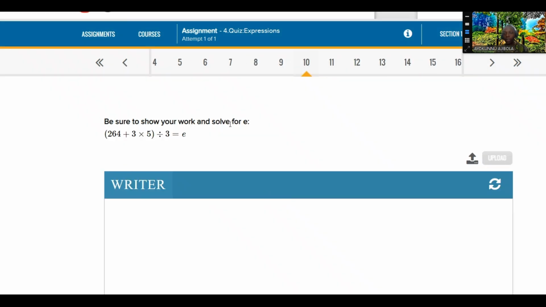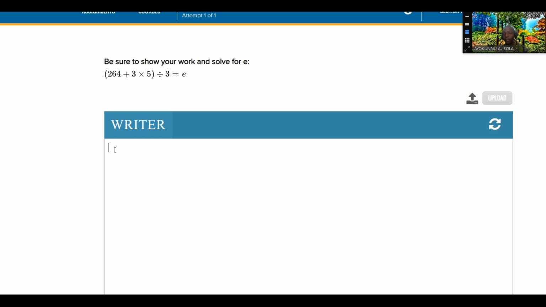Be sure to show your work in solve for E. We want to find E. I can say E equal what's in the bracket, which is 264 plus 3 times 5, close the bracket, now divided by 3.